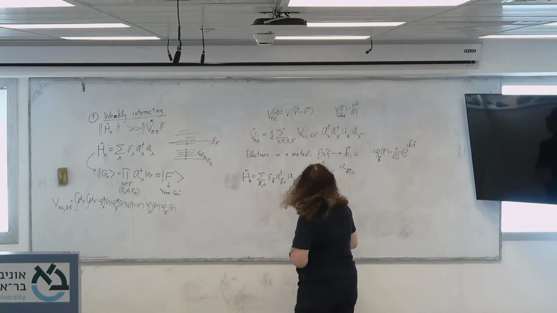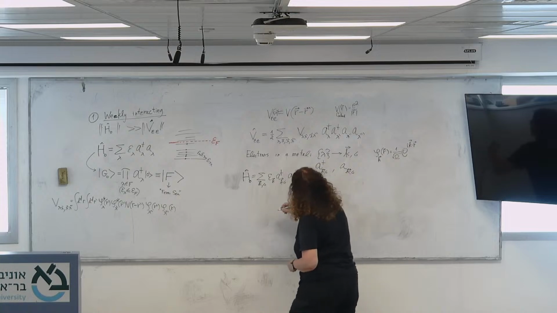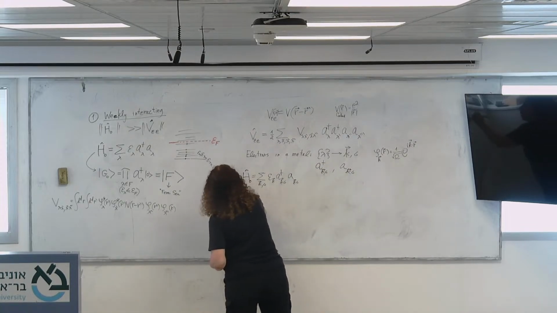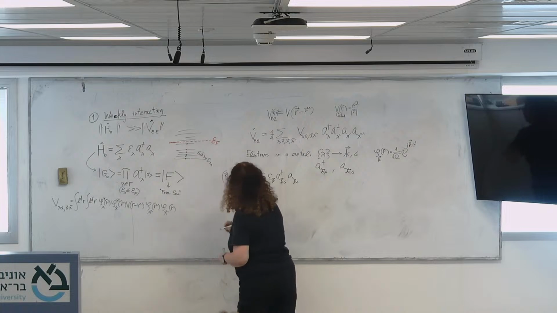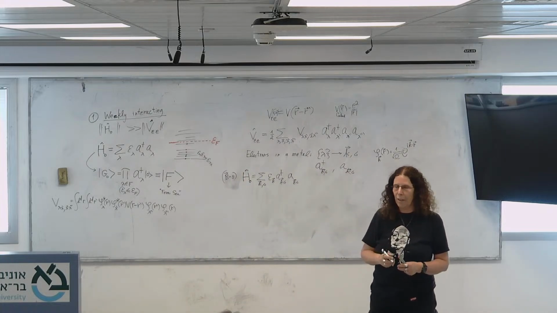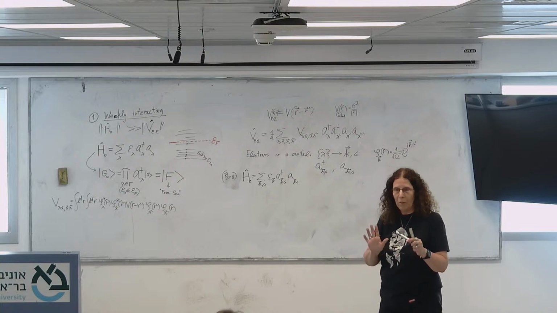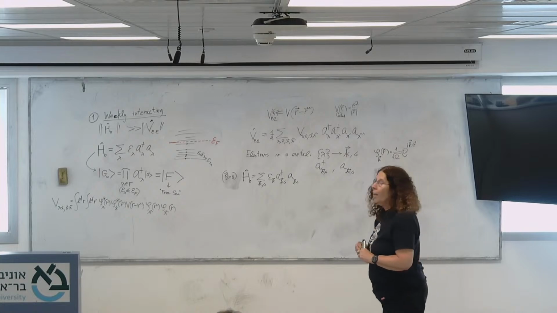Okay? So maybe there's a remark here that this is for zero magnetic field, because otherwise you have a Zeeman splitting of the spins. Okay, you know what I'm talking about, I hope.